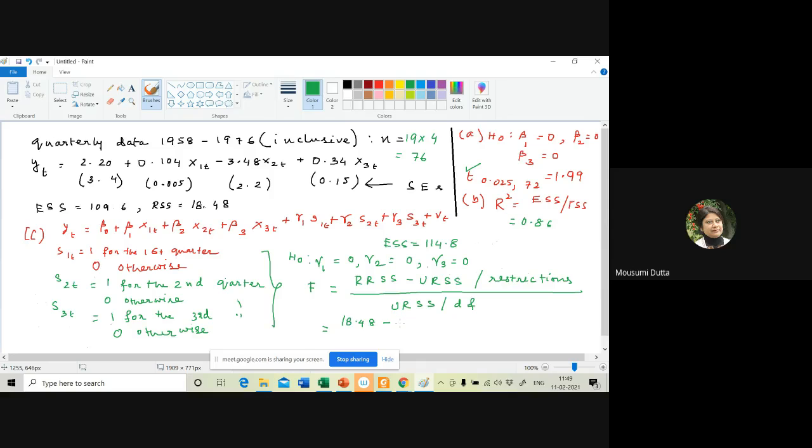Now what is URSS? How will we get URSS? Ma'am, URSS is 13.28. How will we get it? First tell me the formula. Ma'am, the TSS remains constant, so ESS, ma'am, TSS minus the new ESS.